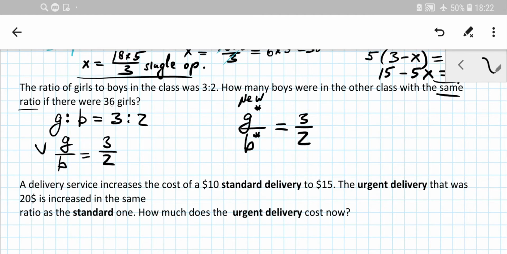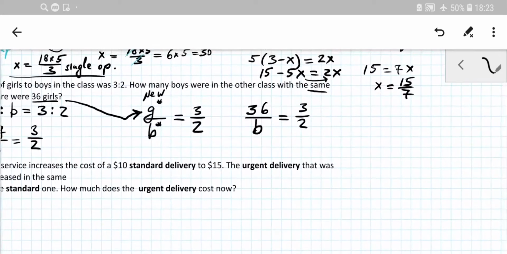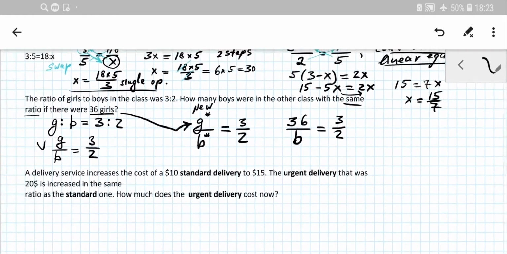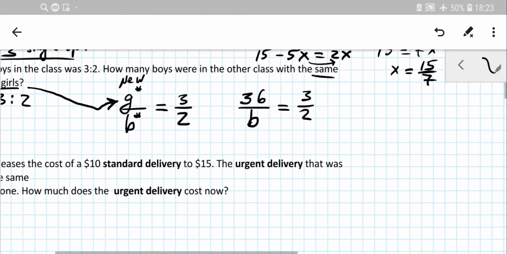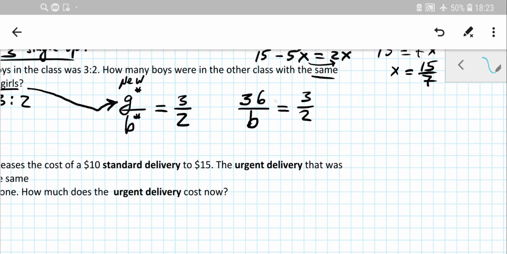You know that 36 girls were in the class, so you can simply plug in 36 instead of girls new. So 36 girls over boys is equal to 3 over 2. How do we figure out the number of boys from there, because that's the question, how many boys were in the other class? Again, you need to be able to resolve this.